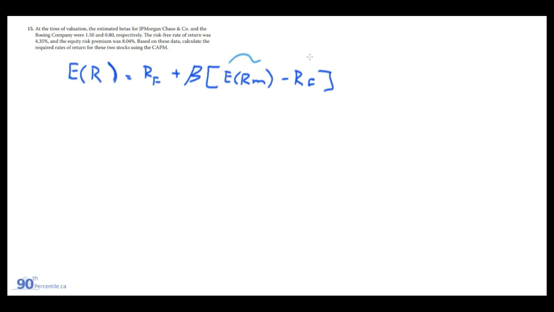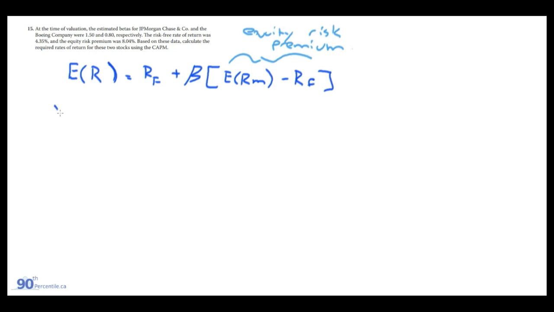You notice that this right here is actually the equity risk premium: expected return on the market minus the risk-free rate, that's the equity risk you're taking on. So we can use the information that we have to calculate the answers here.